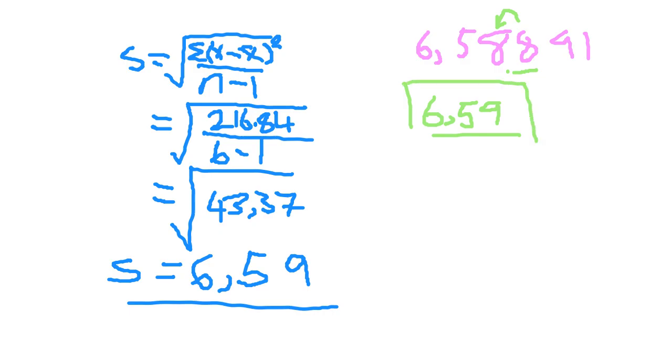Okay, so the square root of 43.37. In your calculator, you hit the square root button, and then you put in 43.37.